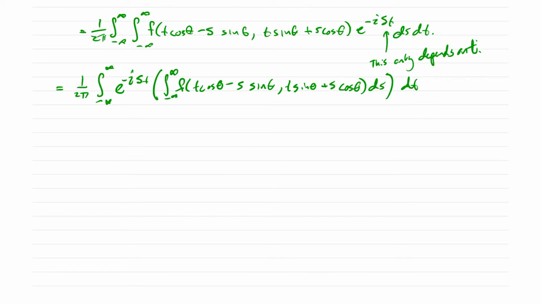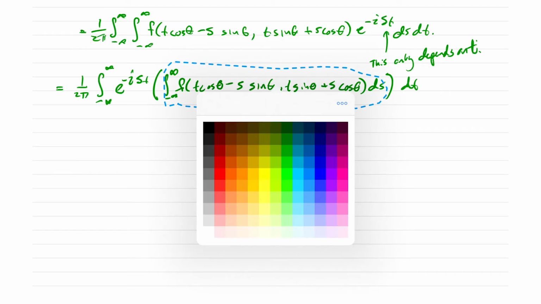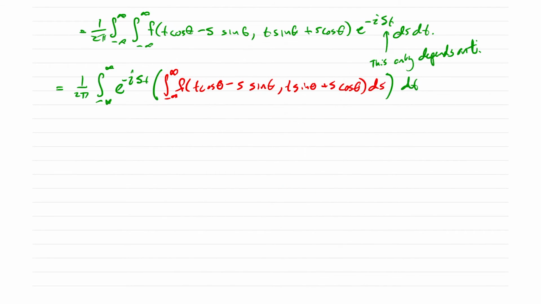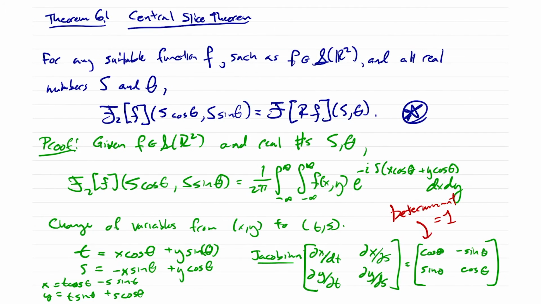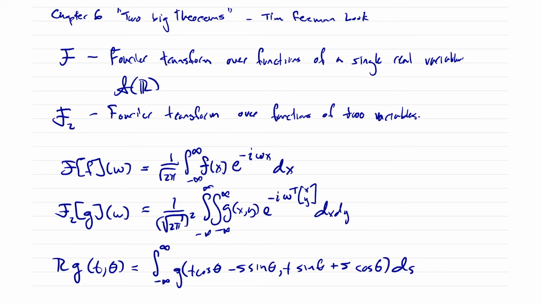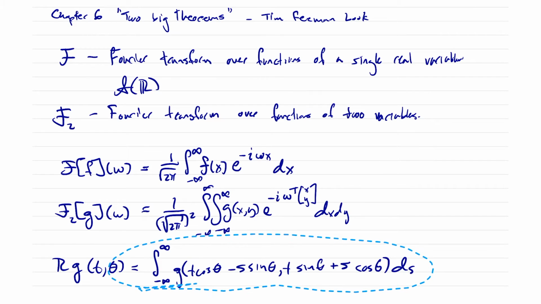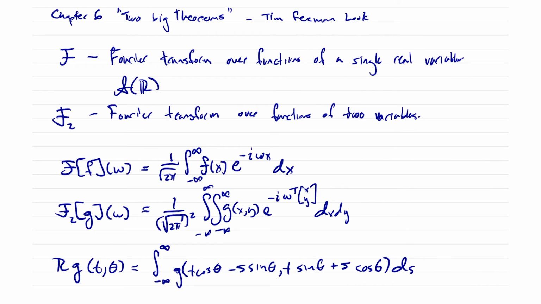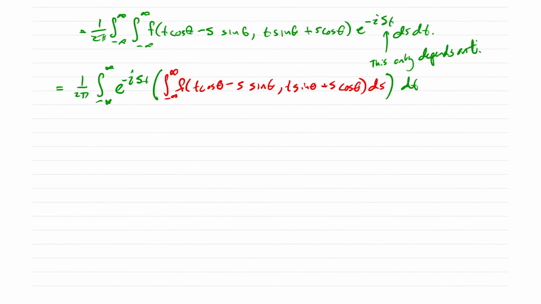If you take a look, this might seem really familiar. Let's change this color to make it stand out. If we take a look a few pages ago, that is exactly that. This is the Radon transform of f.